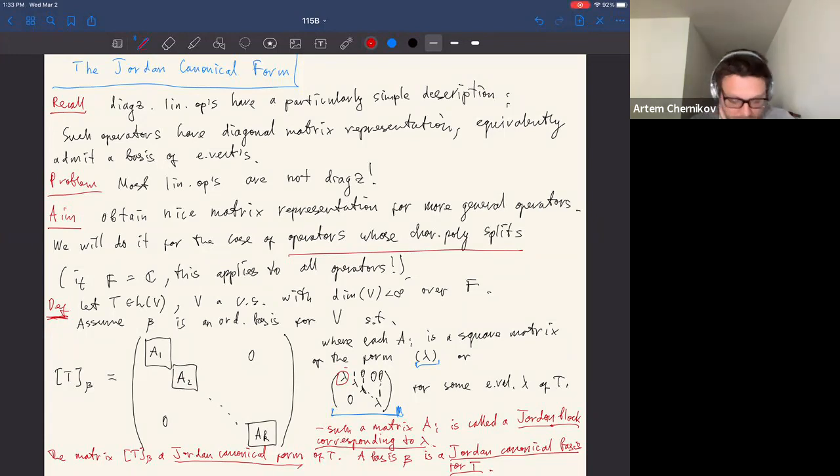And of course, if T looks like this, we know from earlier that T with respect to beta is just the direct sum of the matrices A1 plus A2, etc., plus AK. So Jordan canonical form is just a direct sum of Jordan canonical blocks.